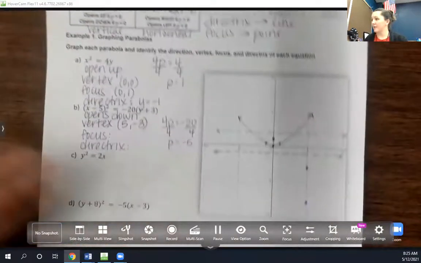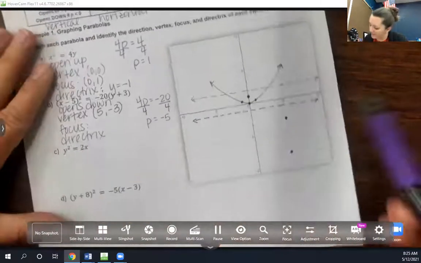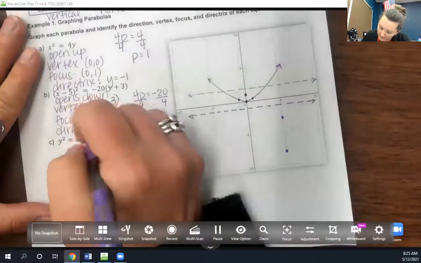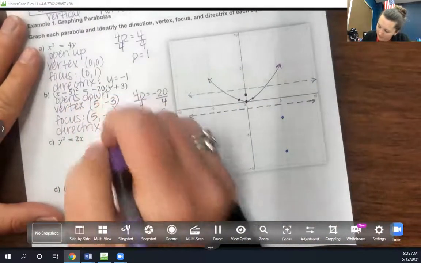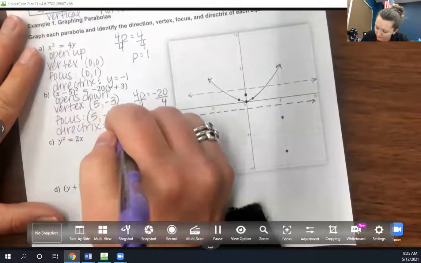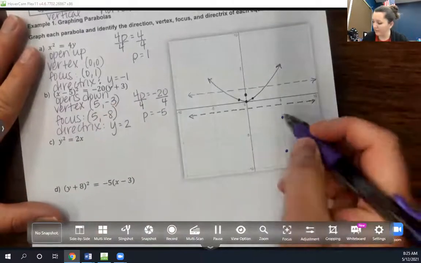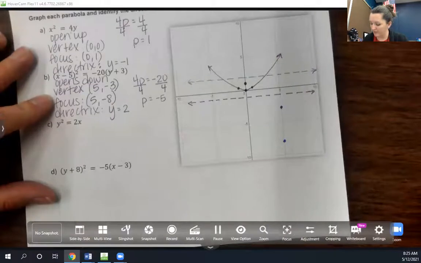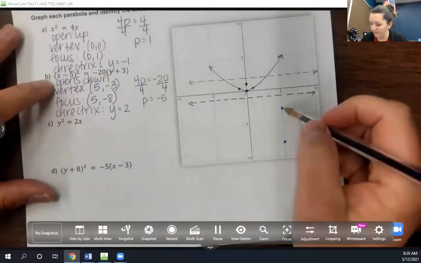All right, so my focus point is 5, negative 8. And my directrix is y equals 2. All right, and we know it opens down this way. So we can kind of see, okay, what is my value here?